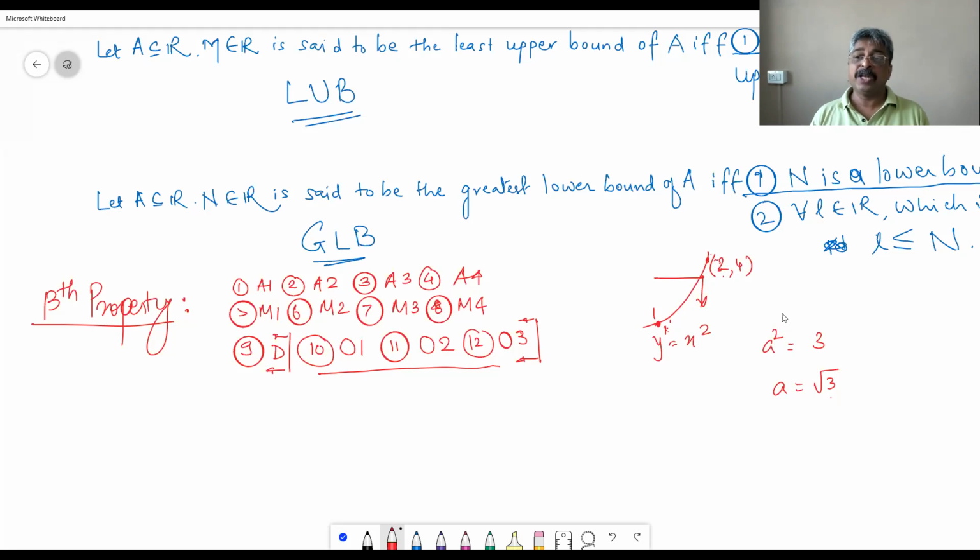But now if we really want to legalize this approach, we do not have any choice but to assume one more axiom of real numbers, which we call the 13th property.